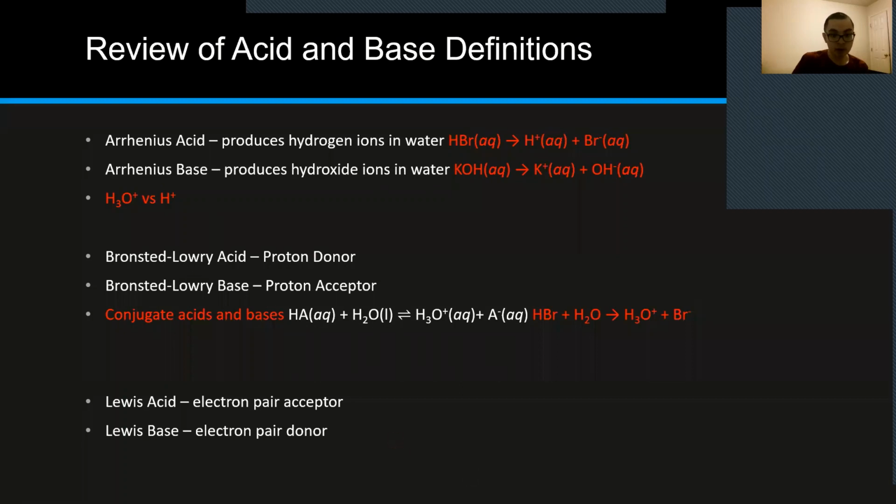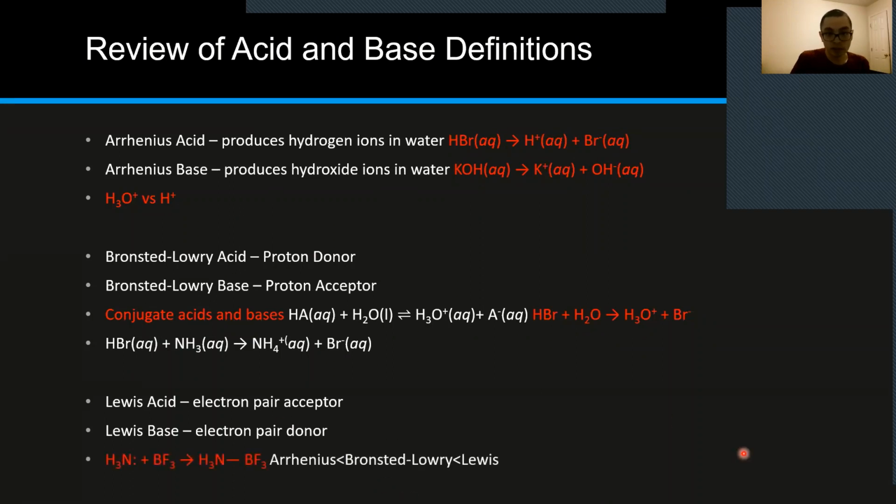All right, now we're going to move on to Lewis acids and Lewis bases. They're covered on the MCAT, but not as extensively as the Arrhenius and Bronsted-Lowry acids and bases.